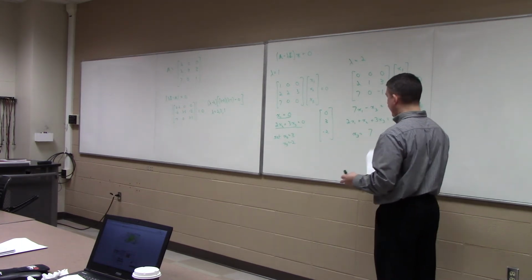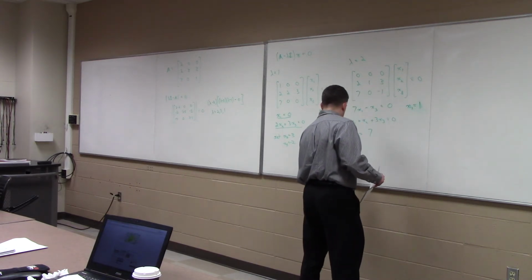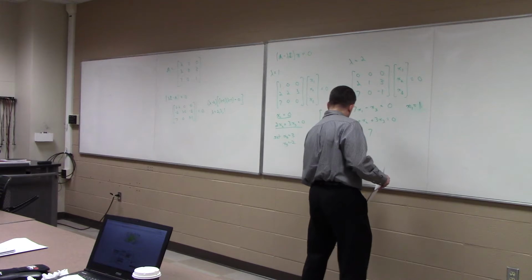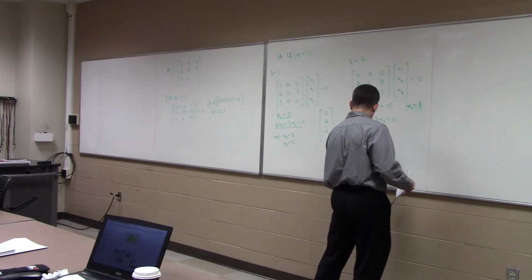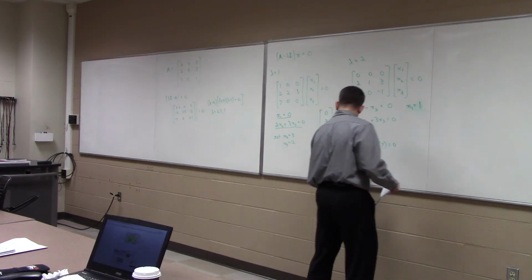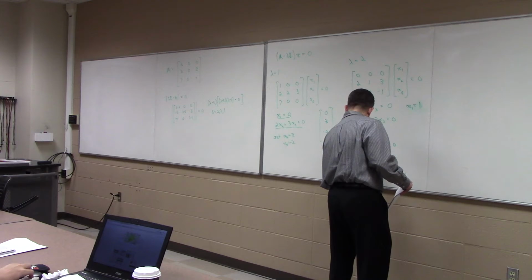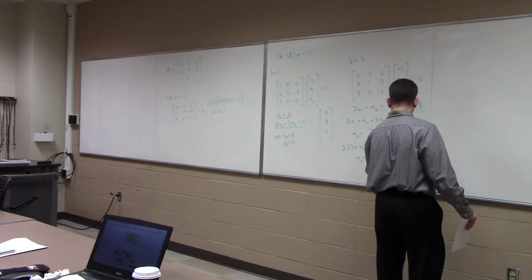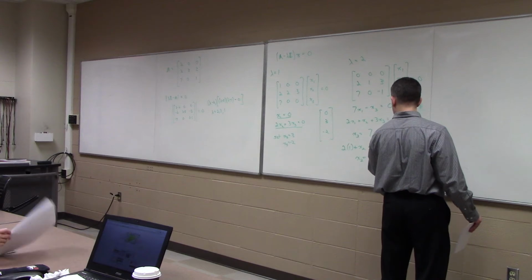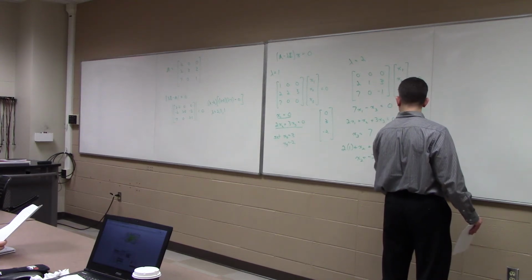And then I can solve for x2. So 2 times x1, which is 1, plus x2, plus 3 times x3, which is 7, is equal to 0. x2 is equal to negative 23, looks like. So then my second one, I've got 1, negative 23, 7.